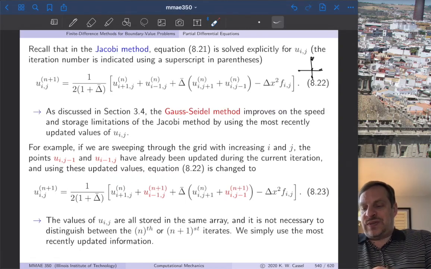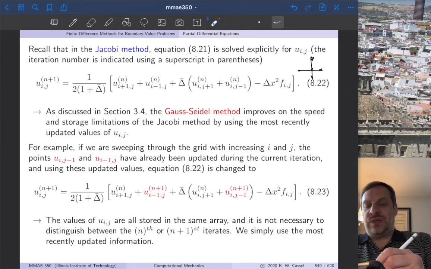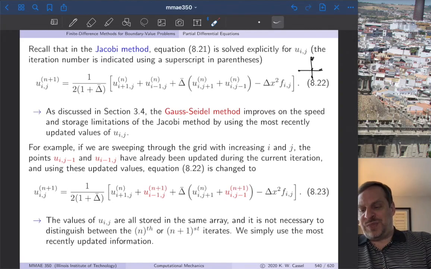So in the Gauss Seidel method then, the improvement was to recognize that as we sweep through the grid, for example, if we're sweeping from left to right in x and from bottom to top in y, what we're recognizing is that these 2 points have already been updated when we get to the ij point. So the i minus 1j point and the ij minus 1 point have already been updated.